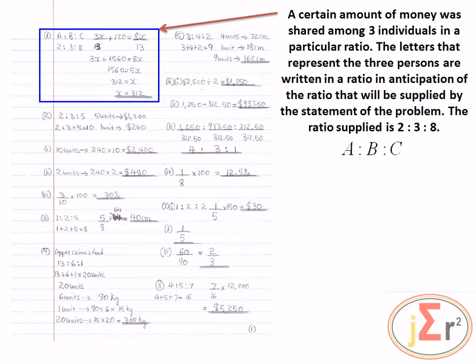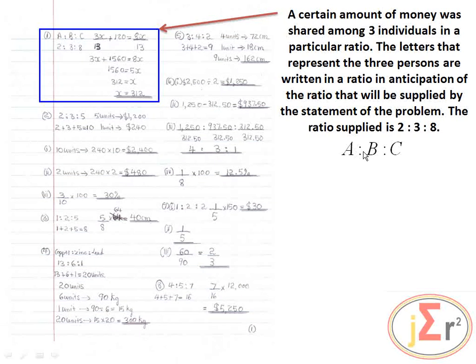And let us begin. A certain amount of money was shared among 3 individuals in a particular ratio. And we have the ratio right there. The letters that represent the three persons are written in a ratio, as we have them right here, in anticipation of the ratio that will be supplied by the statement of the problem.